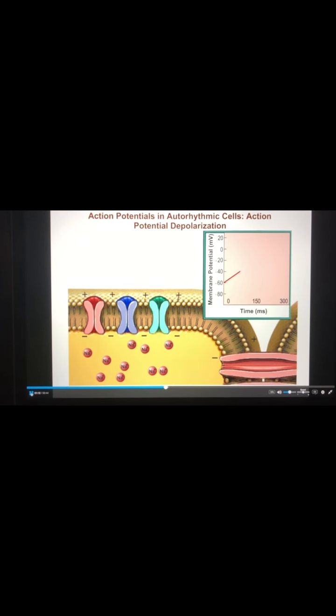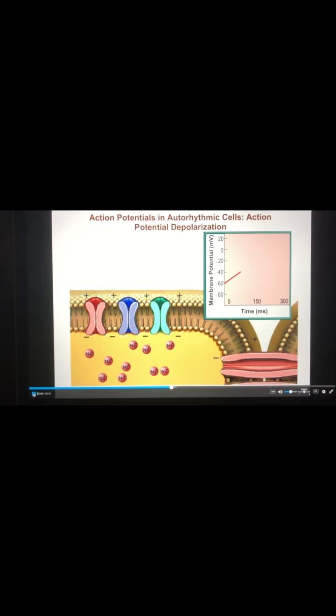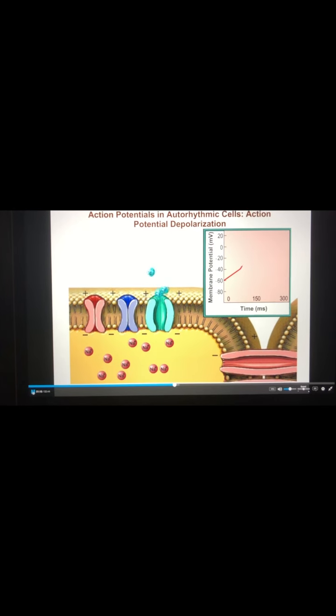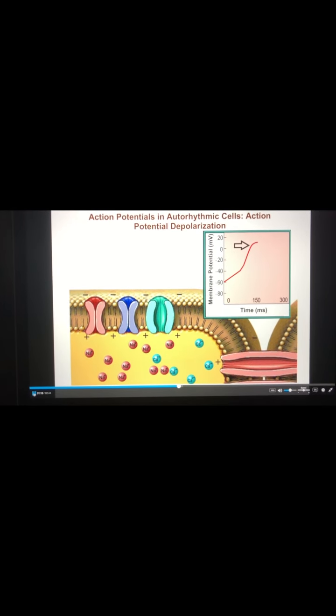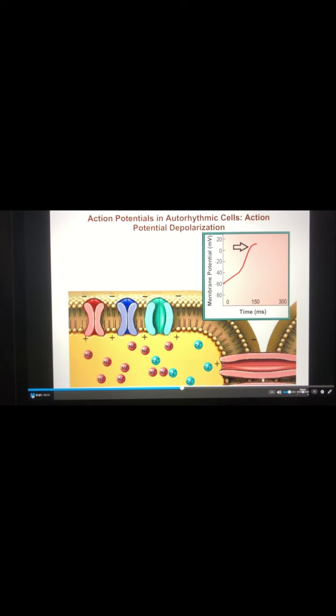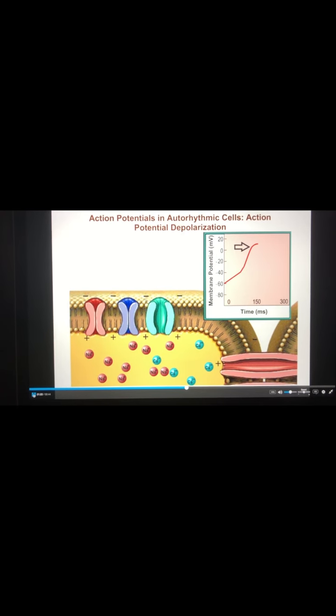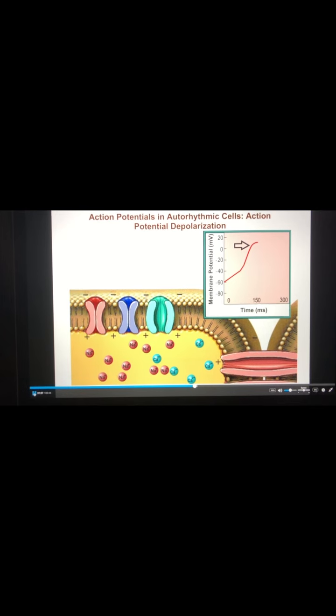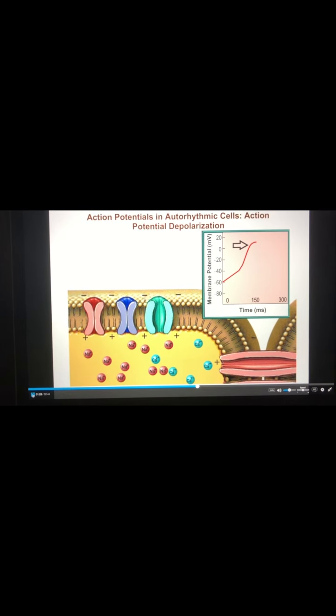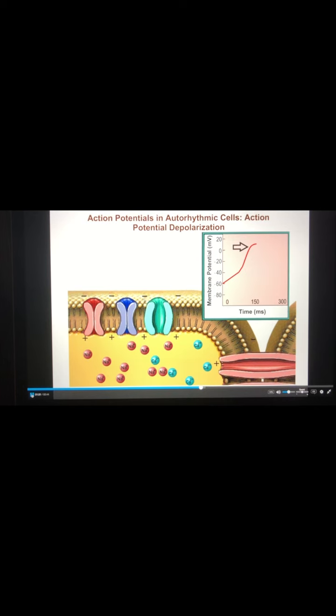Fast calcium channels open and positively charged calcium ions rush into the cell. Notice on the graph that the calcium influx produces the rapidly rising phase of the action potential depolarization, which results in the reversal of the membrane potential from negative to positive inside the cell.